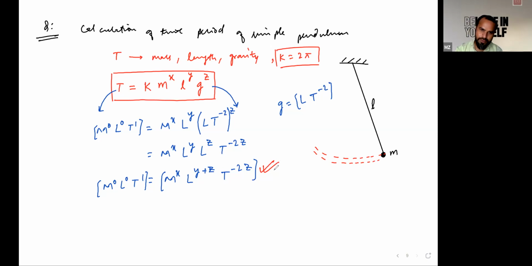Okay, if you got the same expression, just try to compare each part: the exponential of M to the exponential of M, similarly the exponential of L to the exponential of L, and last the exponential of T to the exponential of T, and try to find X, Y, and Z. Nida, check the exponential of Y. Otherwise, it is correct. Good, Abhinav.